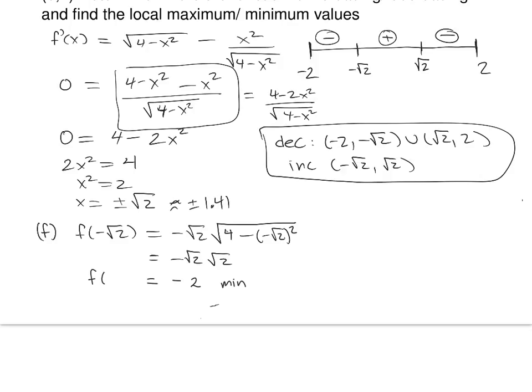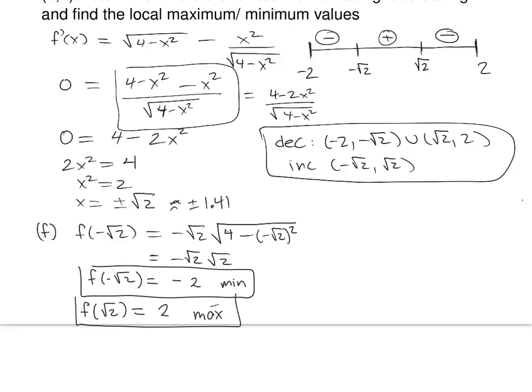So f of negative root 2 is -2. And because of the oddness of the function, what's f of positive root 2 going to be? 2. You could actually plug root 2 in and do the work. All that will change is that there won't be that negative sign on front, right? Okay, great.